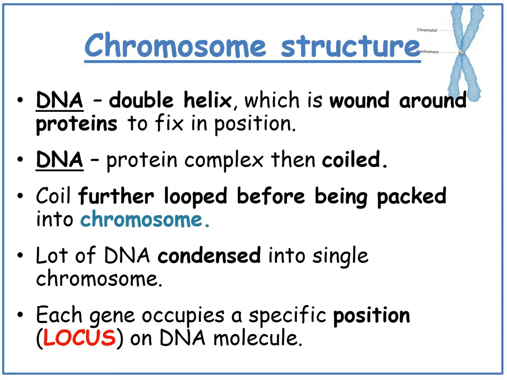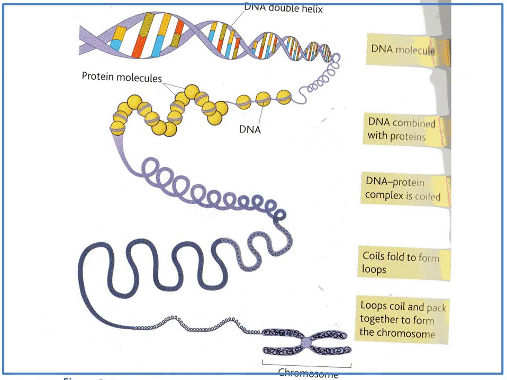And each gene occupies a specific position or locus on a DNA molecule. Again, you can see here the DNA molecule gets wrapped around histones, coiled and looped, and then coiled and packed into the chromosome structure.